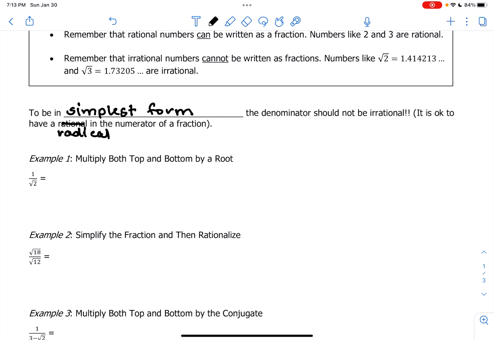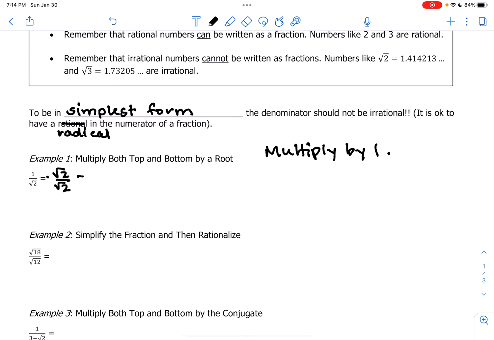I'm just going to multiply the numerator and the denominator by 1, which we know is fine because of the identity property, but I'm going to be careful to choose a name for 1 that is made out of the denominator. So I'm going to use the square root of 2 over the square root of 2. Isn't that 1, a number divided by itself?